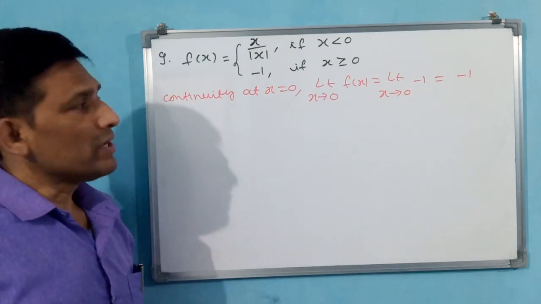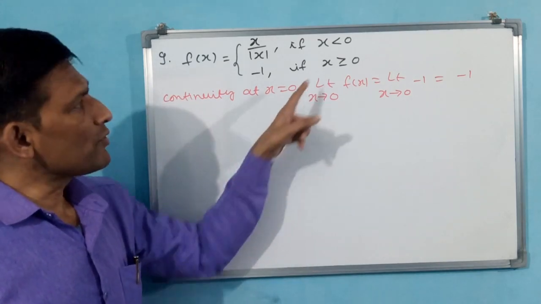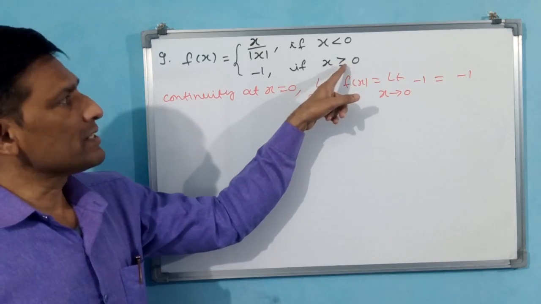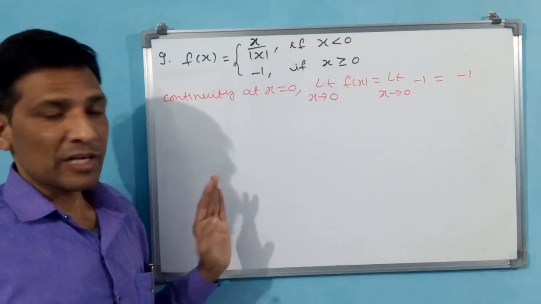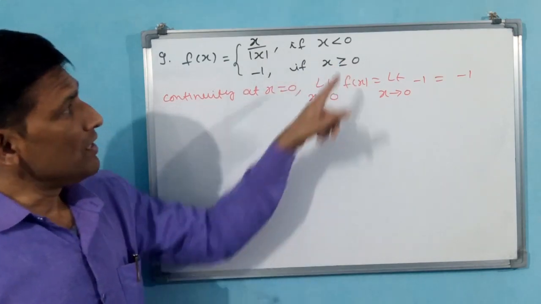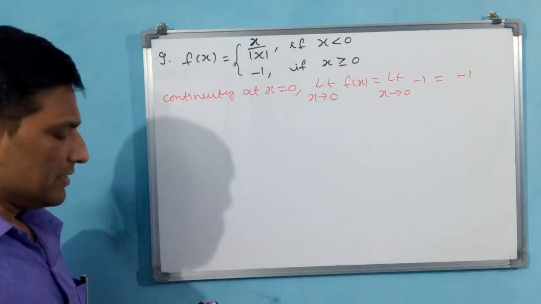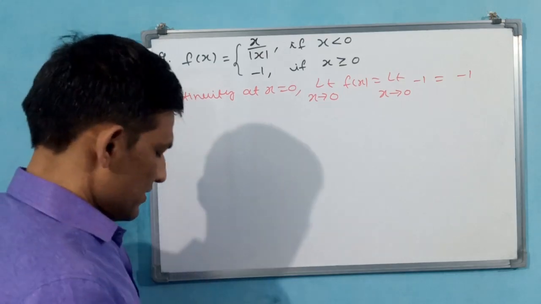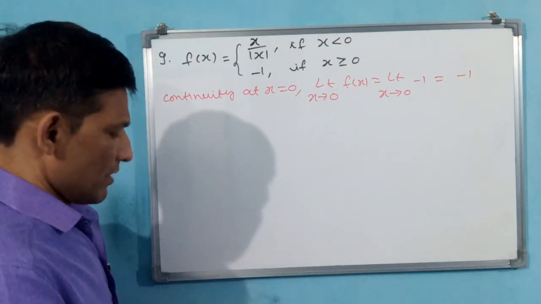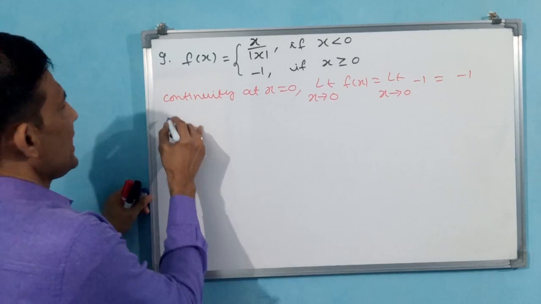Directly that scalar value is going to come. Okay. Now you tell me, is there any requirement to take right hand limit? Why? Because greater than 0 also same thing is going to come. That means we don't take right hand limit. Left hand limit we take. Why? Because less than 0 function is changing. Okay. Let us proceed. Left hand limit.